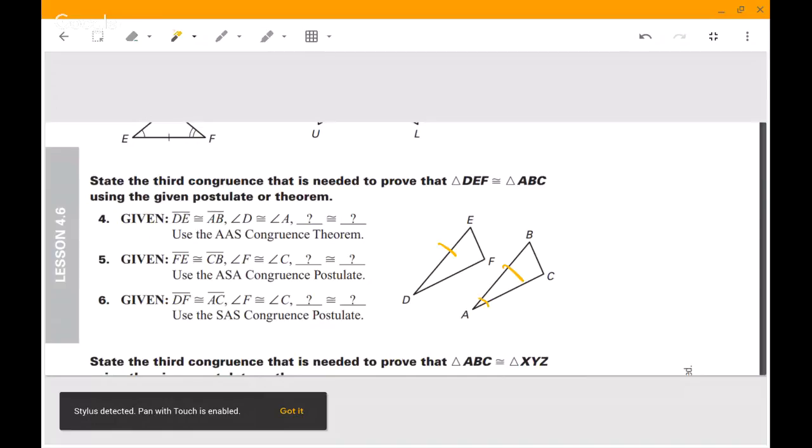Now, it wants us to use angle side congruence, okay? Angle side. So right now what we know is a side and an angle, right?